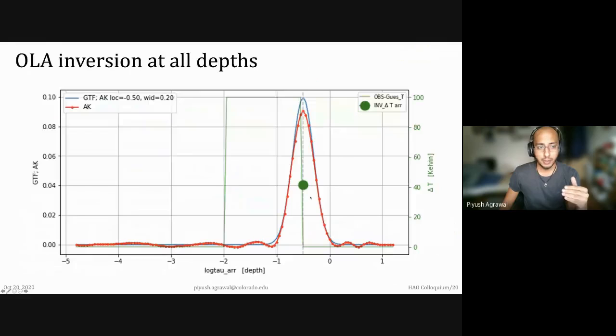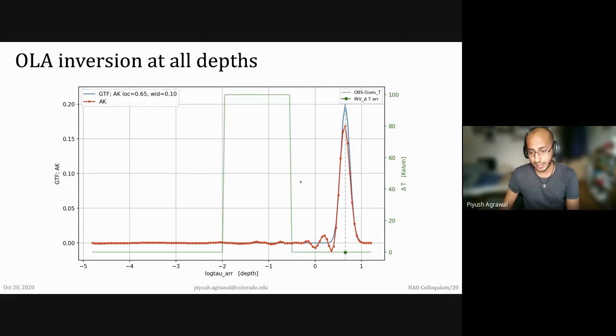Okay, so this is a plot that I took from the last slide. You have done inversion, which is the green dot at one depth location. Now the next question is, how do you actually do inversion at all depths? You slide your target function from one depth to the other.